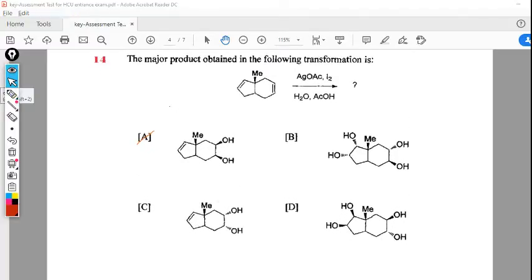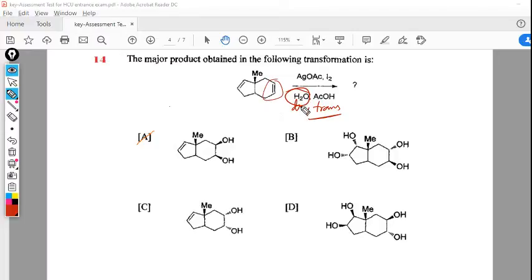So this is given on the basis of the modified Woodward reaction. This is a wet reaction where water is present. This moisture, silver acetate and iodine combination reagent will give cis diol. If it is dry, it is going to give trans diol. Okay, so we will discuss the mechanism as well. Initially, this double bond is going to attack the iodine.